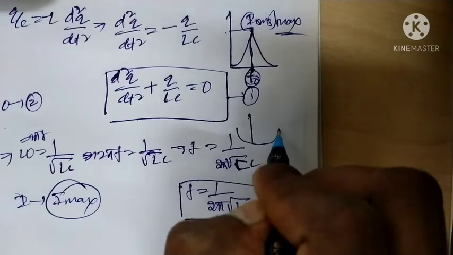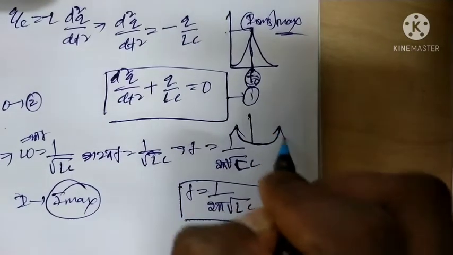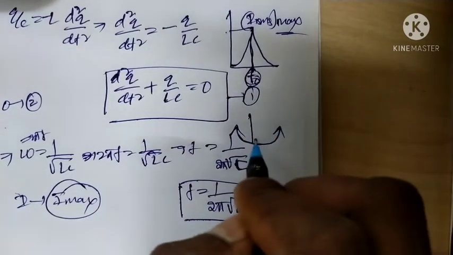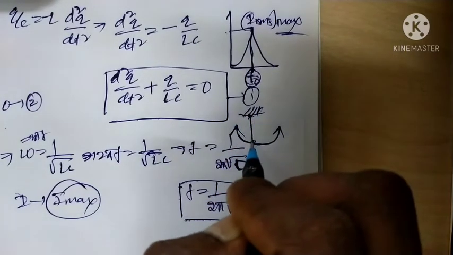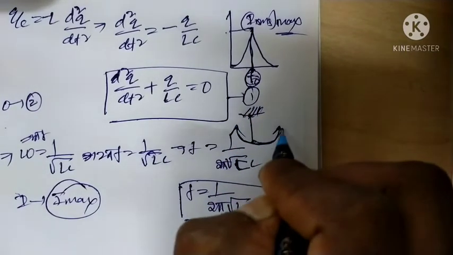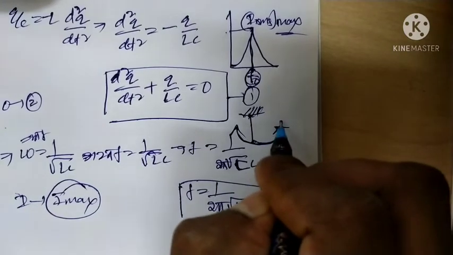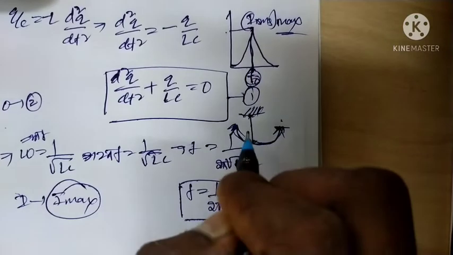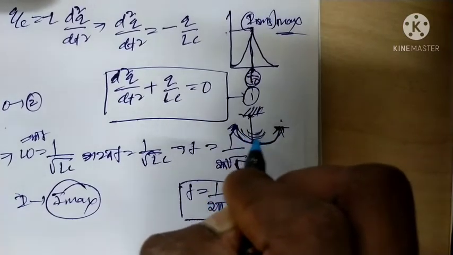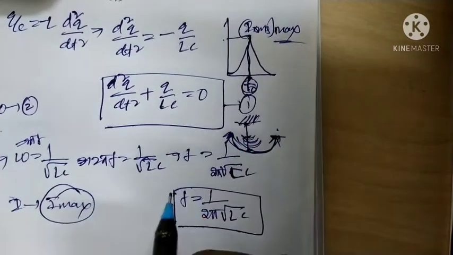Like this. Suppose there is a swing or a simple pendulum oscillating. This is the 0 position. It oscillates and increases to the highest point, this is the maximum amplitude. After some time it comes to the rest position.